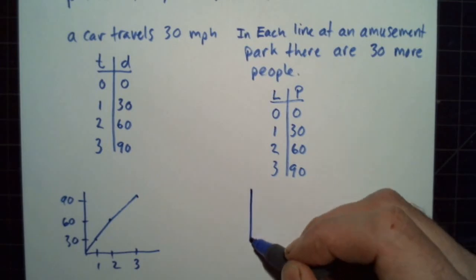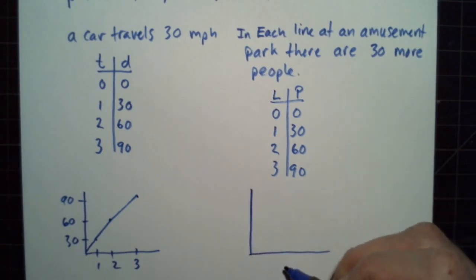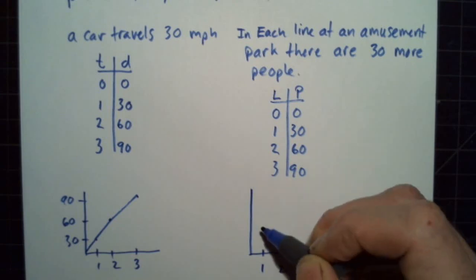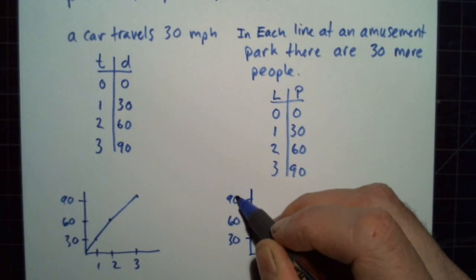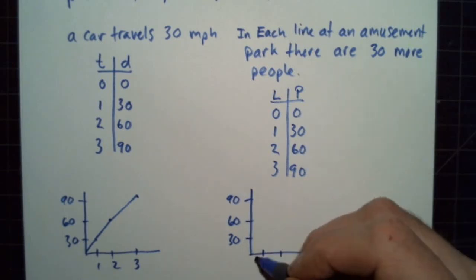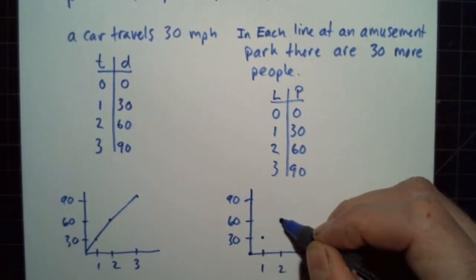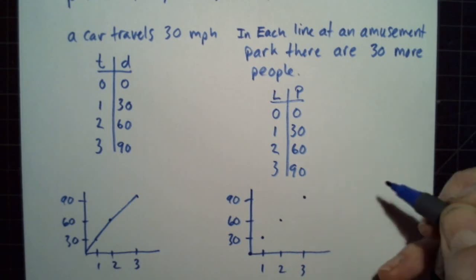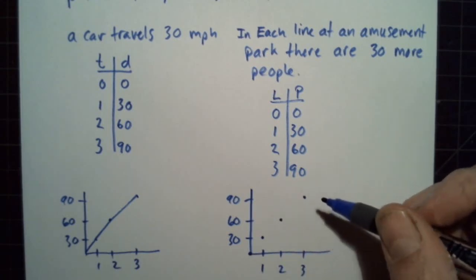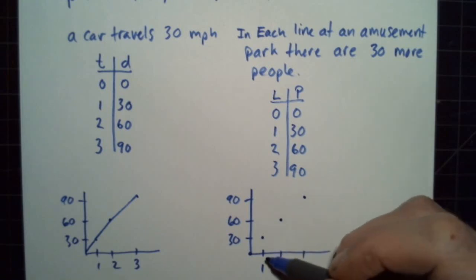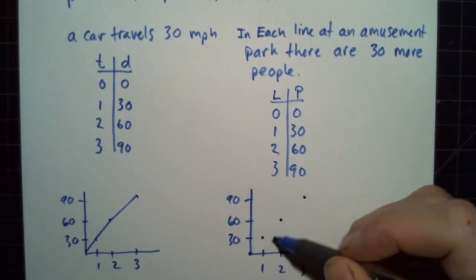But if we look over here, and we plot these points, we wouldn't connect the points because there's no 1.5 lines.